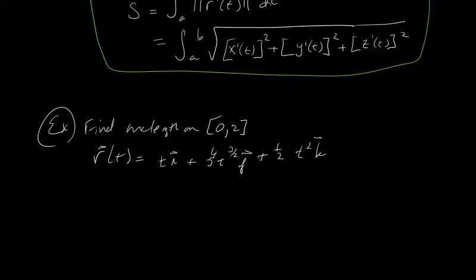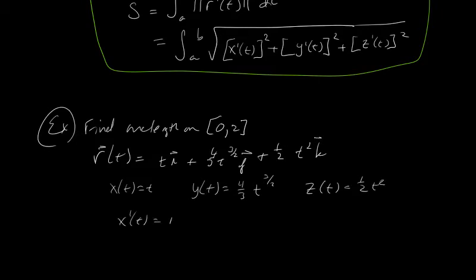The derivatives of each of these: x of t is t, y of t is 4/3 t to the 3/2, and z of t is 1/2 t squared. So each derivative is given by these. x prime is 1, y prime is 2t to the 1/2, and z prime of t is just equal to t.